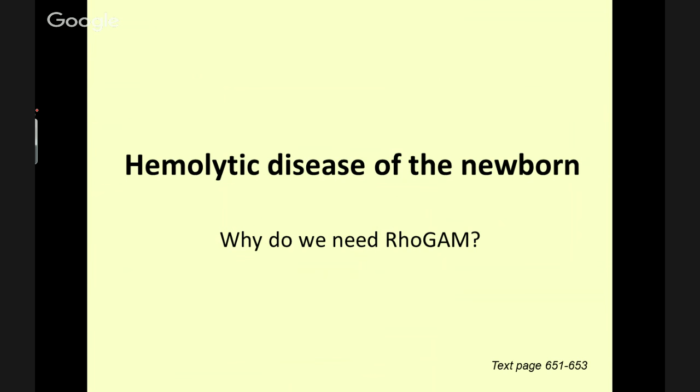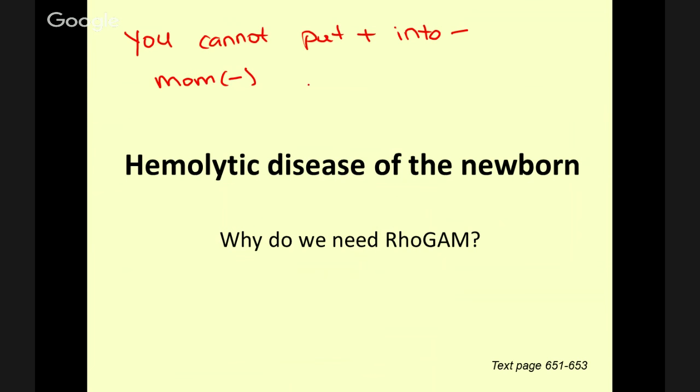And the big problem is, remember one of our rules, which says you cannot put positive into negative. Remember that? That was one of our rules of blood typing. So if you have a mom who's negative and a dad who's positive, there is a 50% chance that the baby could be negative, and a 50% chance that the baby could be positive.